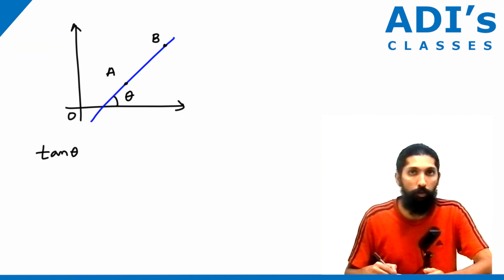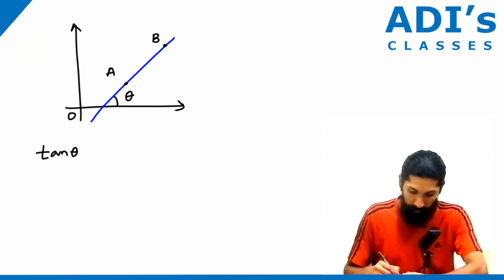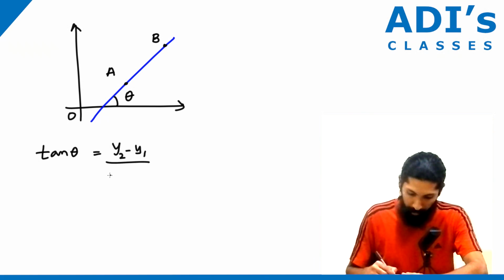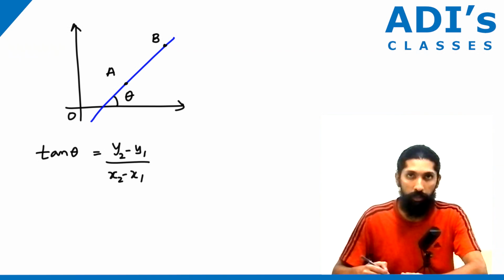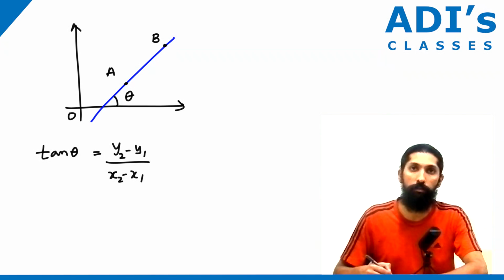This gives us the slope of the line with respect to the x-axis. So tan theta is equal to y2 minus y1 divided by x2 minus x1. Difference in the ordinate and difference in the abscissa, the ratio of these two. This is going to give us the slope.